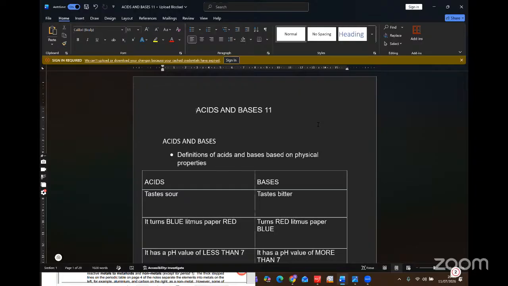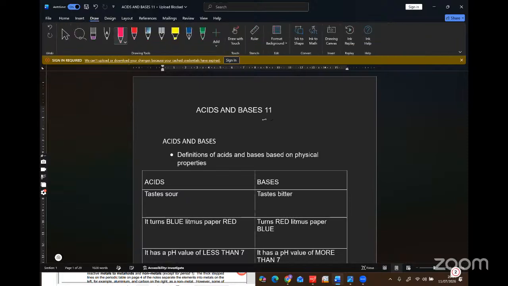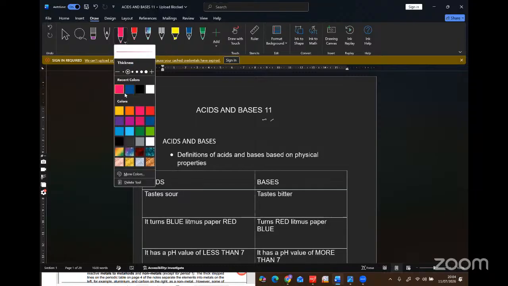Now, to define an acid and a base, there are two ways of looking at it. The first one is to define it on the basis of what we call the physical properties of acids and bases. And this is what most of you learned in the lower grades.